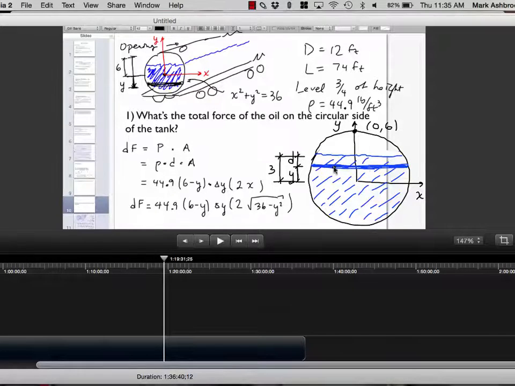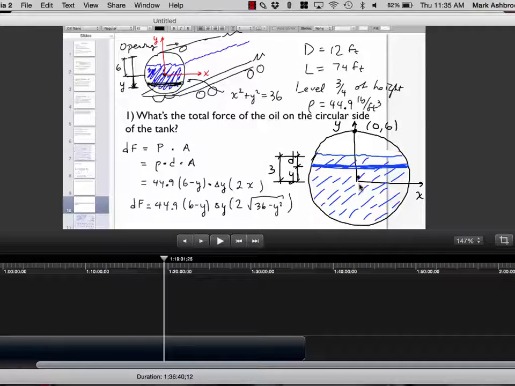Originally I was comparing this strip to the top, but really for pressure, 0 pressure is at the surface of the liquid, and so we want our depth to be down from the surface. So we really need this distance right here from the surface down to our typical strip. That's why I called that D right there.